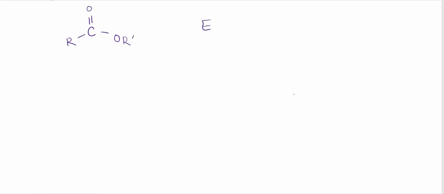And now a derivative of the carboxylic acid: if I take that H off and replace it with an alkyl group, then we have what is called an ester. As an example of an ester, we could have something like this. To name an ester, you name each side of this oxygen. So here is a methyl group. And then this part here, how many carbons do we have? Well, we have 2, so that would be ethane if it was an alkane, but it's not.